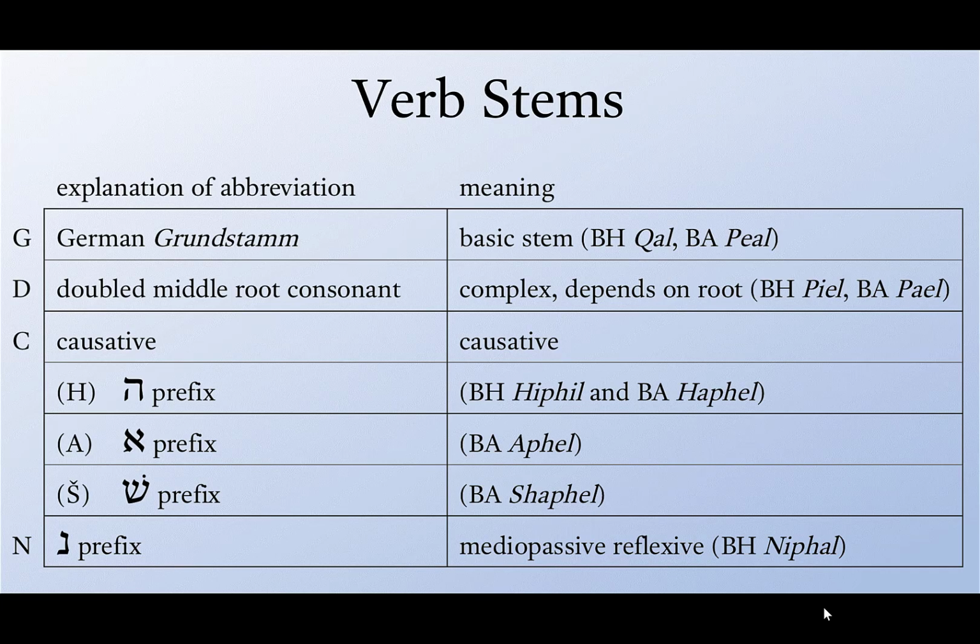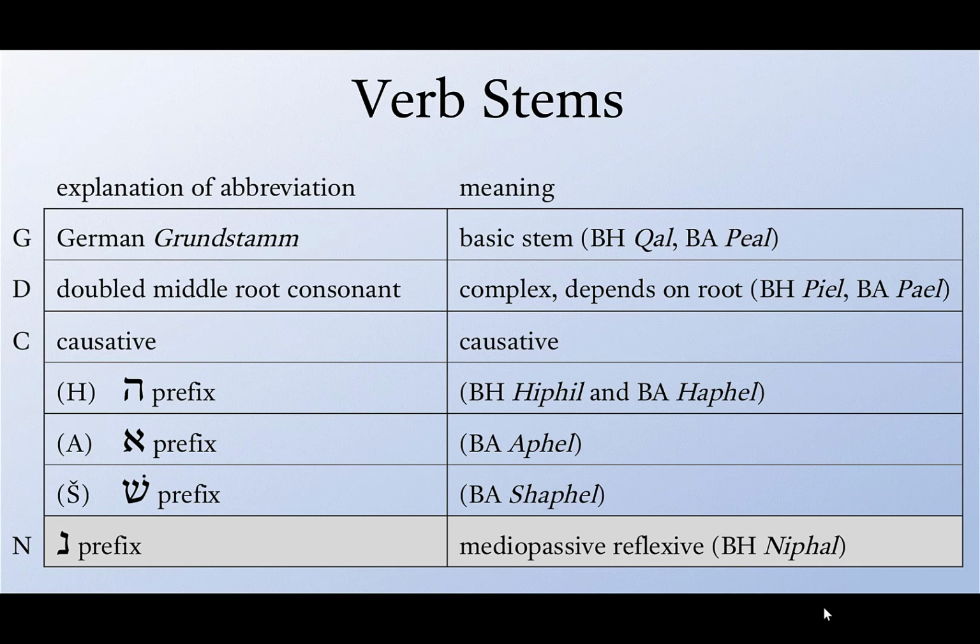Well, we're familiar with the causative idea because of the hey-prefixed biblical Hebrew Hifil verb stem, right? Well, there is a close equivalent of that in biblical Aramaic, the Hafel. But interestingly, Aramaic also has an Afel and a Shafel that have, respectively, the aleph and the sheen prefixes. And then finally, we get to the noon prefix verb stem, which Aramaic does not have.